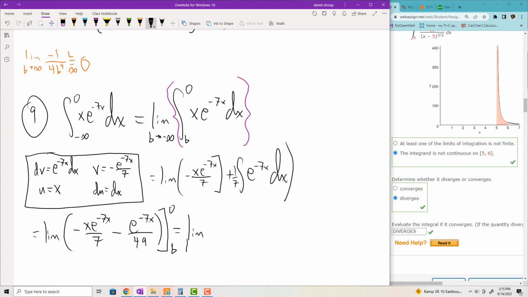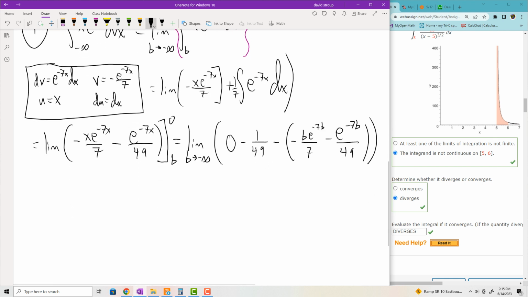Okay, so now I'm going to put back in my symbols. B going to negative infinity, let's see, plugging in 0 first. The first term will just be 0. And then the second term will be 0 minus e^0, which is 1, all over 49. Minus, now plug in b, so you get negative b e^(-7b) all over 7, minus e^(-7b) all over 49.